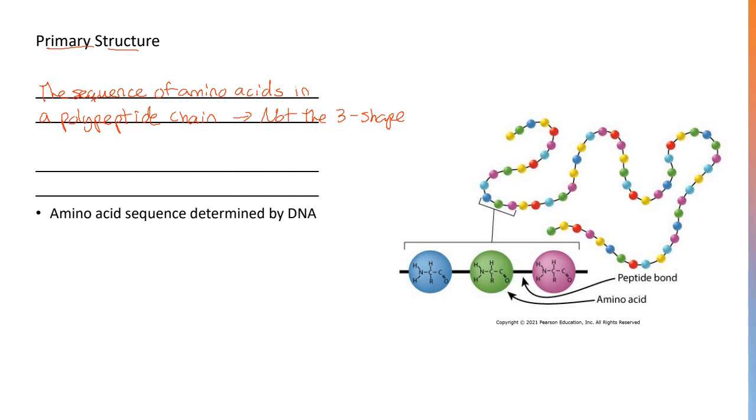All right. However, the primary structure is extremely important because the right sequence of amino acids is going to determine all other levels of protein structure.